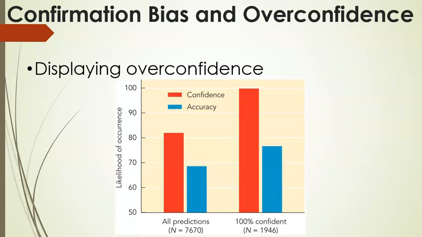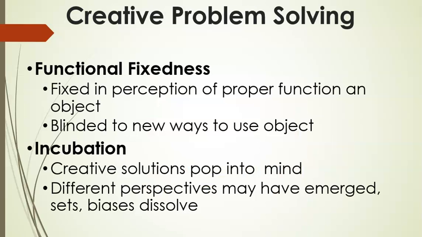Okay? Now, overconfidence isn't always a bad thing. It's fine to be overconfident in yourself sometimes. We also need to be realistic sometimes, pretty much. Finally, when problem solving, you can also have what's called creative problem solving. So again, creativity is where you produce something new and valuable.